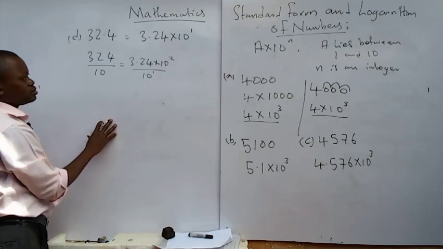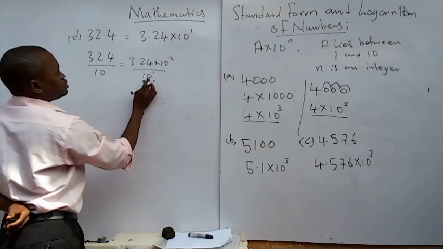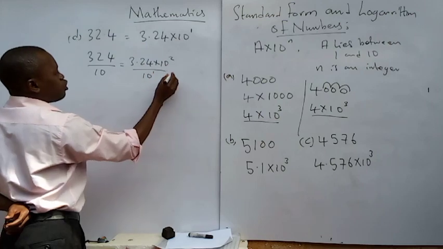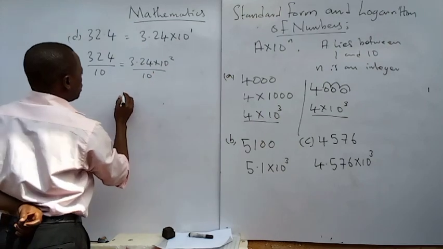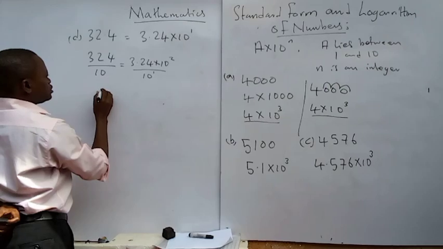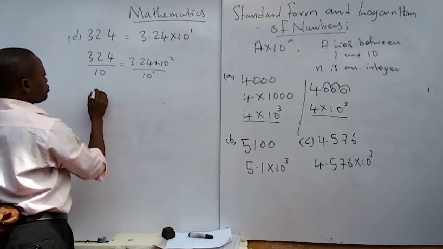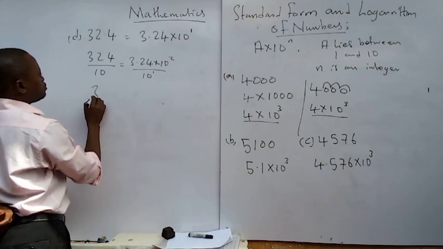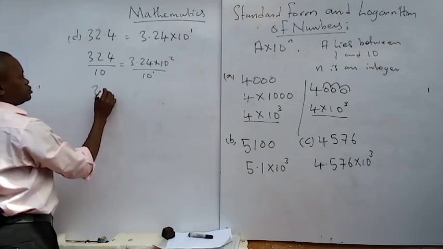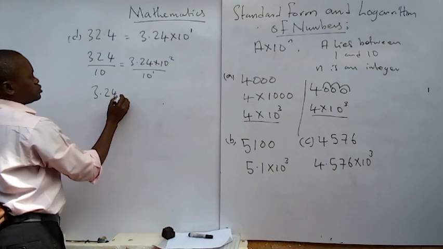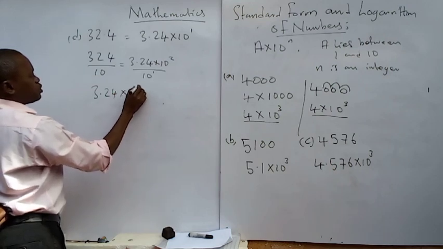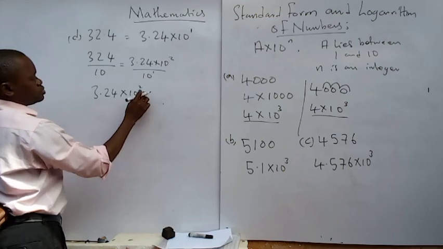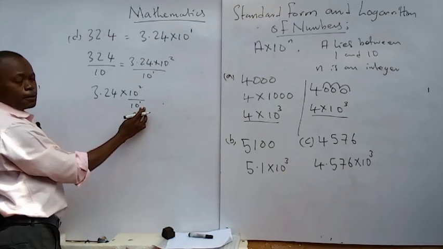Do you follow that? All right, did you realize here that this is 10 raised to power 2, this is 10 raised to power 1, and you recall that in indices, if you have 3.24 times 10 raised to power 2 over 10 raised to power 1, you can subtract the powers.